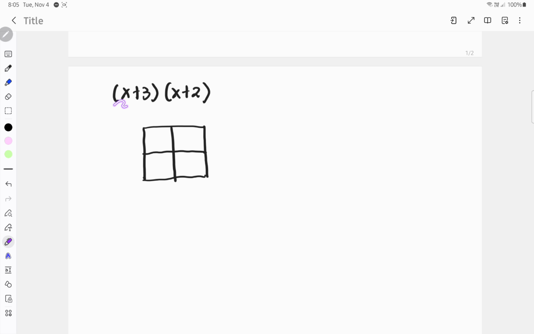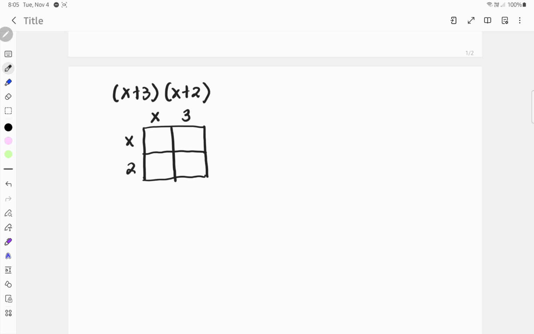Let's focus on our first binomial, x plus 3. You put x as your header and then 3. On another dimension, we have x plus 2, so we have x and then 2.